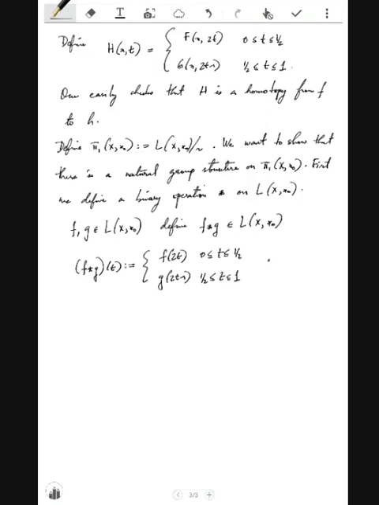So basically it covers f at twice the speed from 0 to half, and then it covers g. So our aim is to show that the binary operation star descends to give an operation on equivalence classes. So we need to prove this lemma.